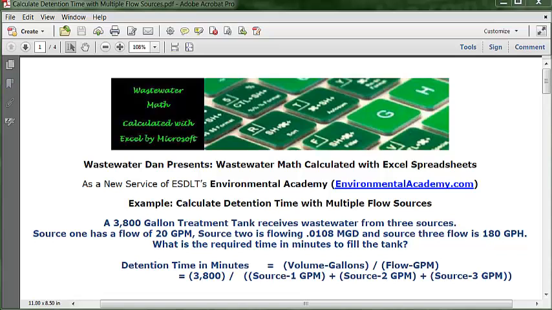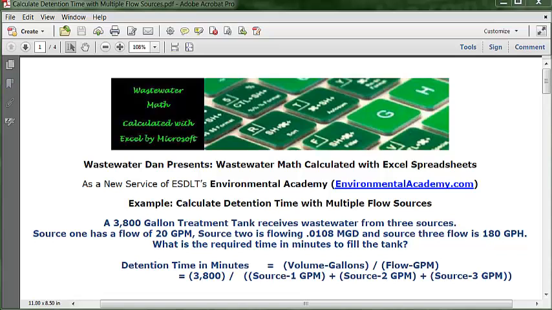So we're going to take tank volume in gallons and divide it by flow rate in gallons per minute, or GPM. Now, in order to get the flow rate in GPM, we're going to have to combine the flow from all 3 waste sources as GPM.